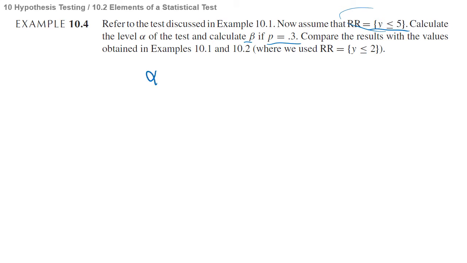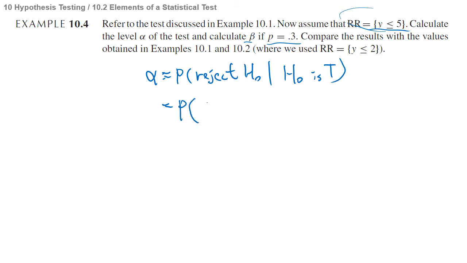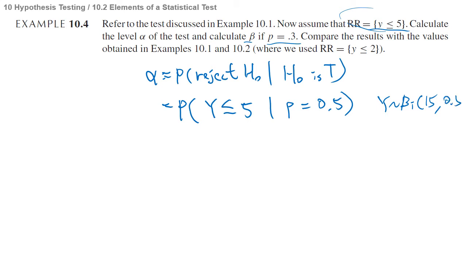So alpha is the probability of rejecting H0 given H0 is true. And so the rejection region is y less than or equal to 5 given the null. In this case, p is 0.5. This is the null situation. And so in this case, y follows a binomial distribution with n 15, p is 0.5.